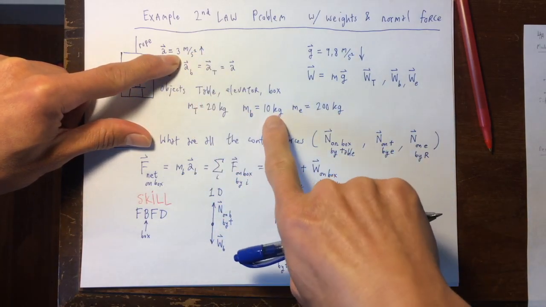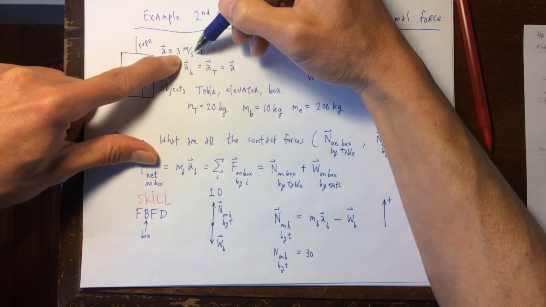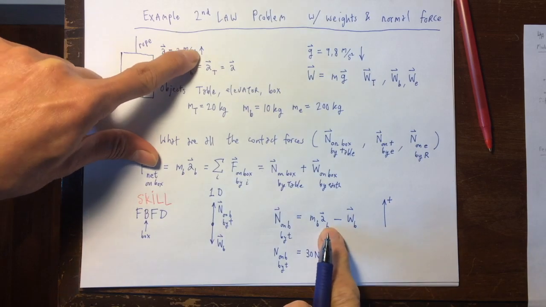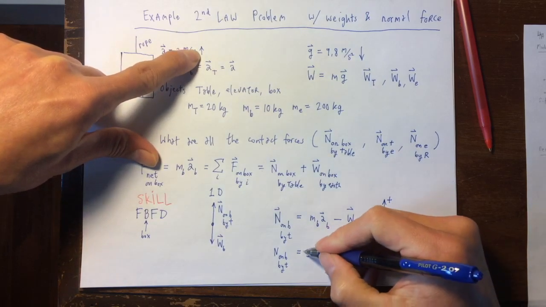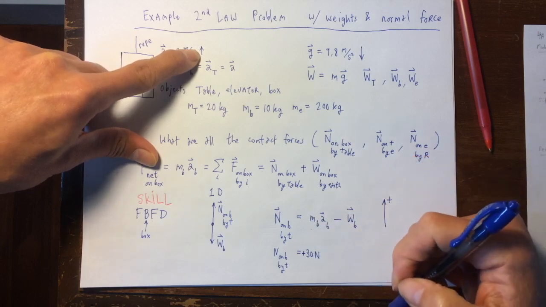So 3 times 10 is 30. Meters per second squared times the kilogram is the newton. And the acceleration vector is up, but up is positive, so I'm going to put a positive sign in here. So all of this thing is positive 30 newtons.